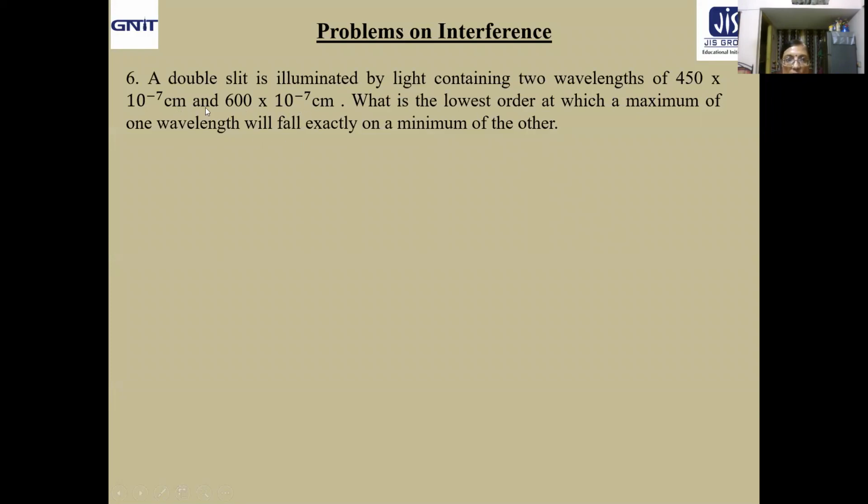What is the lowest order at which a maximum of one wavelength will fall exactly on a minimum of the other? What is the lowest order? In the last problem, you had to find out n, but here it is not mentioned which wavelength will be associated with which order, because it is written as: a maximum of one wavelength will fall exactly on a minimum of the other.